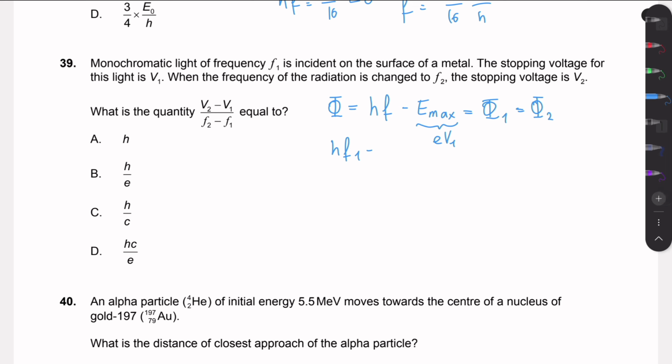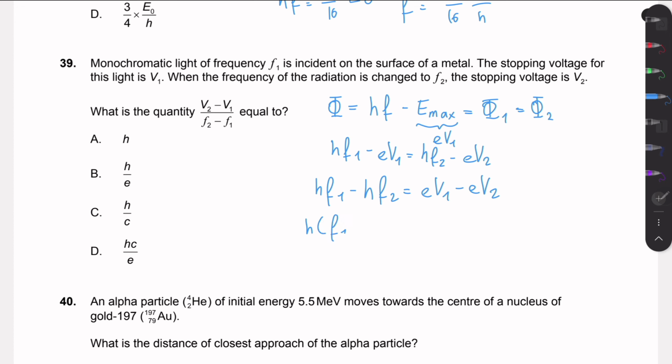So hf1 minus eV1 is equal to hf2 minus eV2. So we can bring the similar terms to the same side, like this, and then eV1 minus eV2. So we can factor out the h and the e.